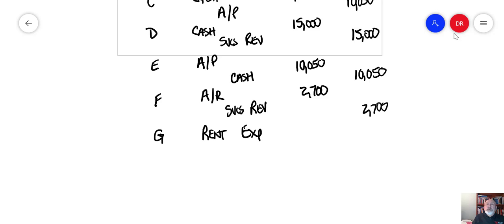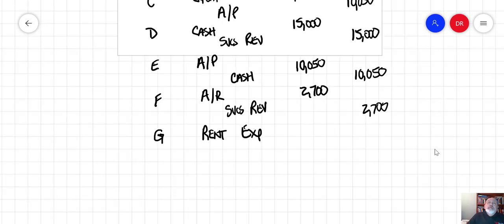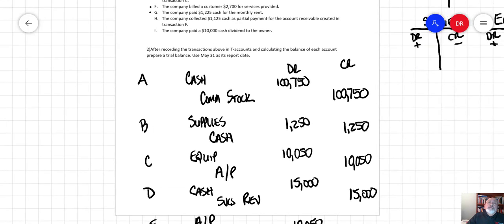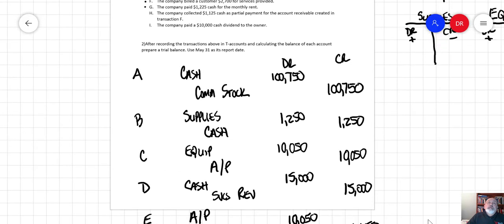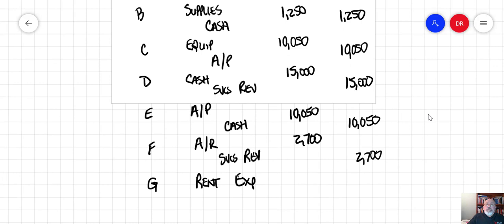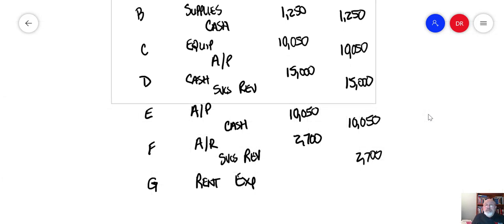And it's $12.25, I think. Let me check. Yeah, $12.25 or $11.25, or no, $12.25. Sorry. So it is $12.25, a rent expense debit because we're increasing it, and a cash credit because we're paying for this with cash.